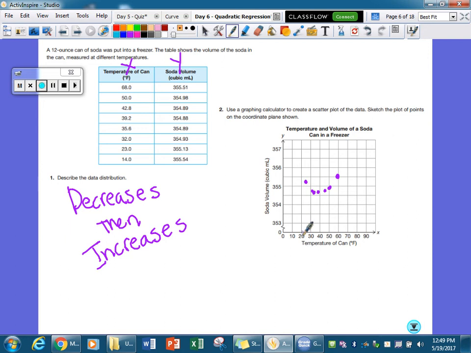And then 14, 355.54. Right there. So again, it sort of forms a U, a quadratic. All right, so that's for 1 and 2. This was on page 948. Now to go to the next page, 955.